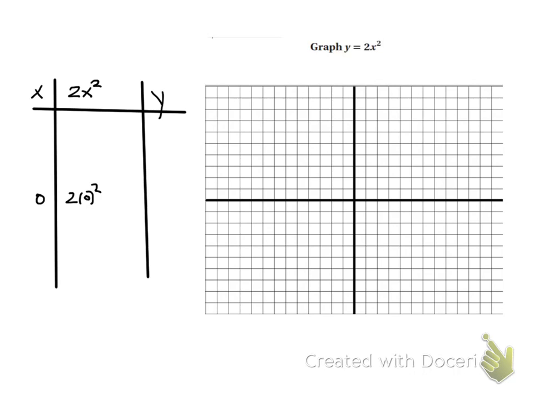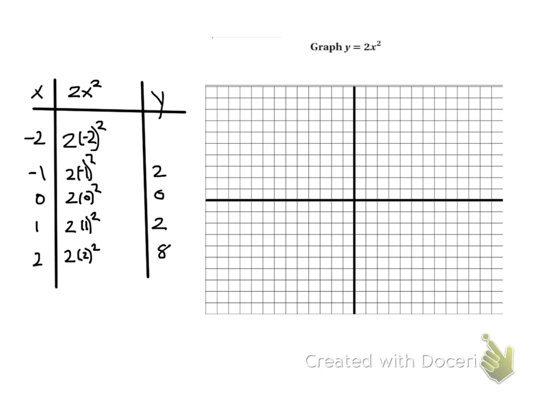I get 0 squared is 0 times 2 is 0. 1 squared is 1 times 2 is 2. 2 squared is 4 times 2 is 8. -1: 2 times -1 squared is 2. -2: 2 times -2 squared is 8.